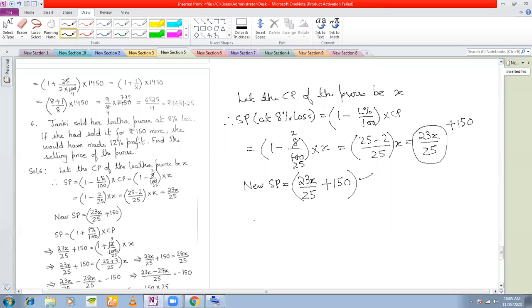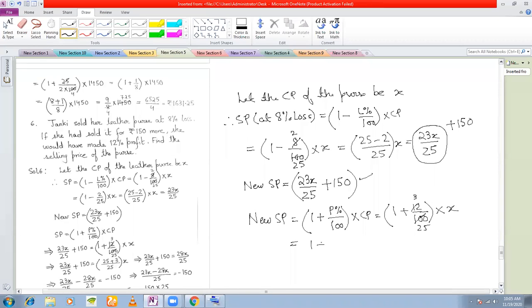So what should be your new selling price once again? If she makes a profit of 12%, it is 1 plus profit percent by 100 into cost price. So 1 plus 12 by 100 into the cost price, which we assume to be X. If we cancel this, 3 by 25.